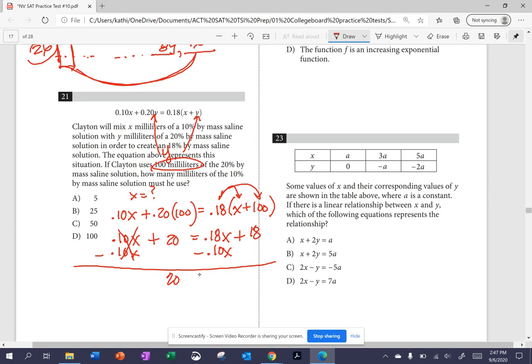So 20 equals 0.08X plus 18. Subtract 18. So I get 2 equals 0.08X. I'm going to divide both sides by 0.08, and I get X equals 25.